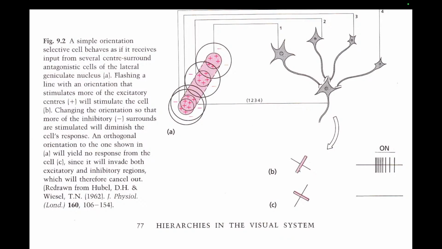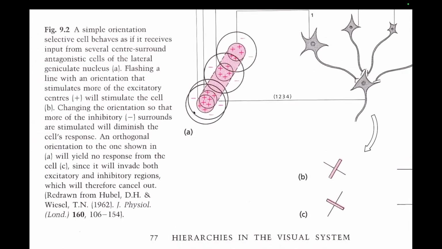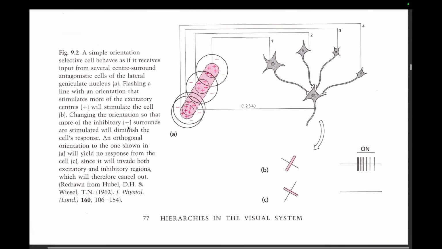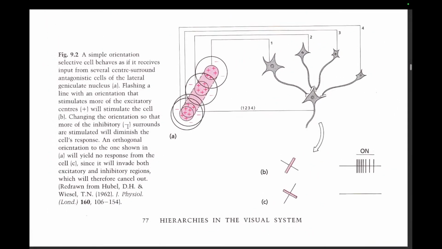But if you turn 90 degrees anti-clockwise, then there's no response here. A will yield no response from the cell, since it will invade both excitatory and inhibitory regions. So now it's both, which will therefore cancel out.